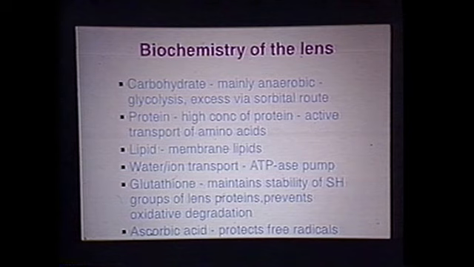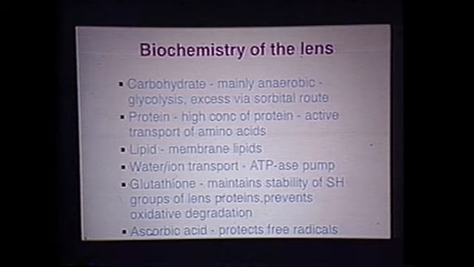Because relative dehydration of the lens is important with respect to transparency, the ATPase pump is an important biochemical structure, and also a site at which toxic damage may occur. There is a high concentration of glutathione in the lens, which helps stability of the SH groups on the lens protein and helps to prevent oxidative degradation by toxic chemicals.